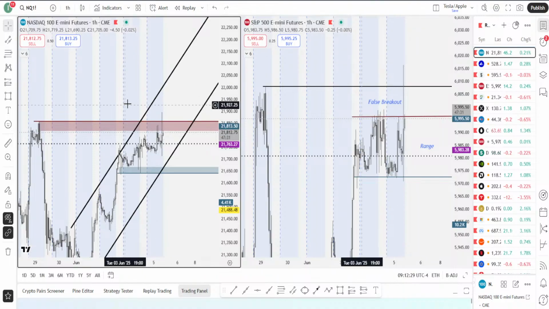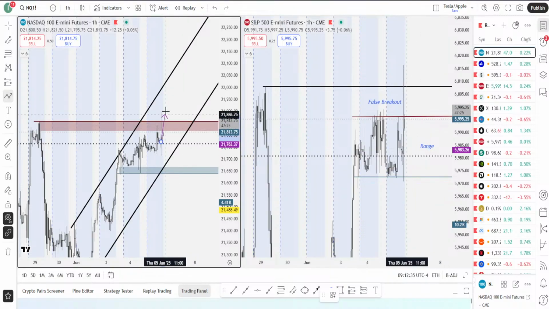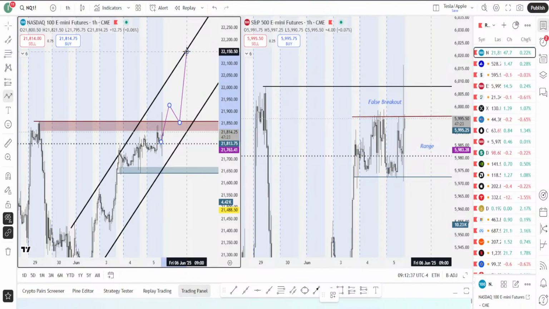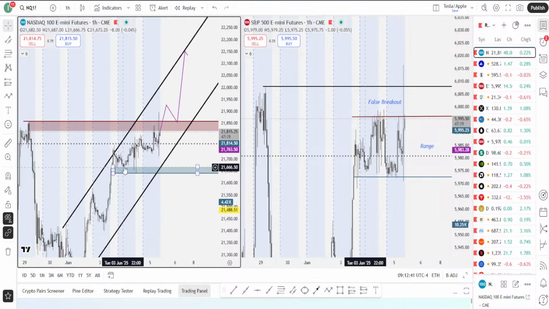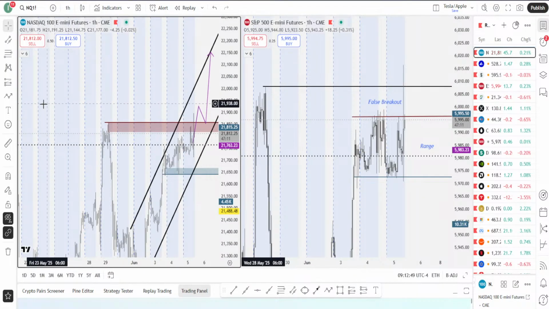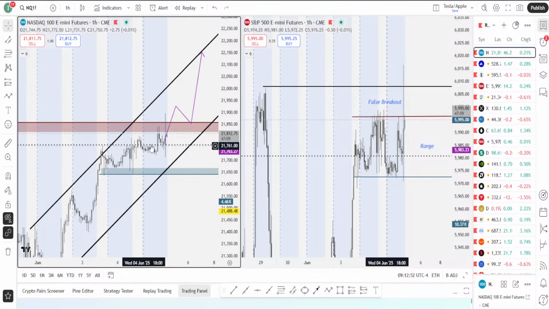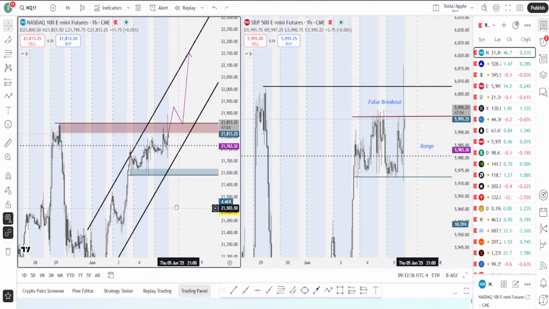Now, what if we go above? What if we go higher than this resistance here? And let's say we break and retest. Let's say we go higher here. What are we looking for? Is there anything important that I should be paying attention to on my left, in previous price history? Or should I just not look back there and just focus here?